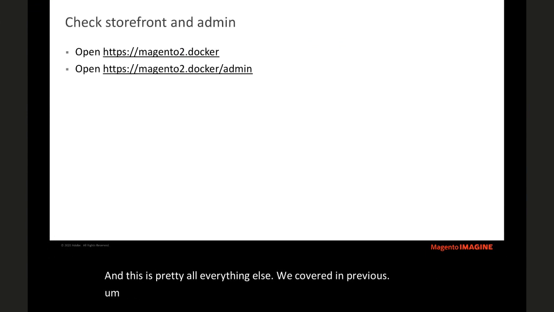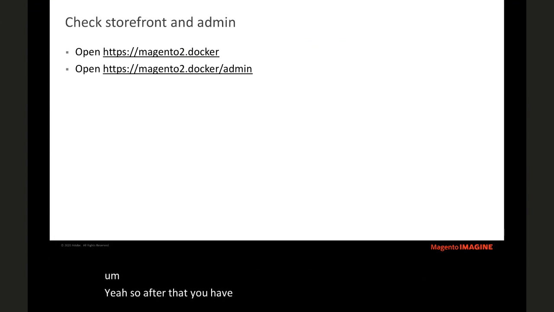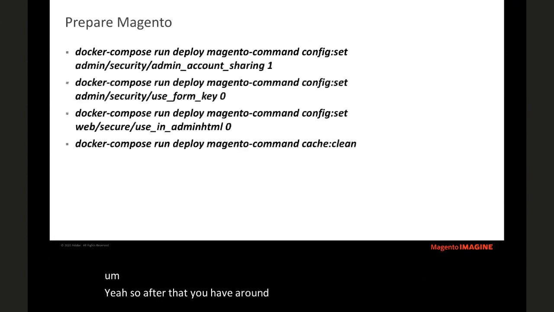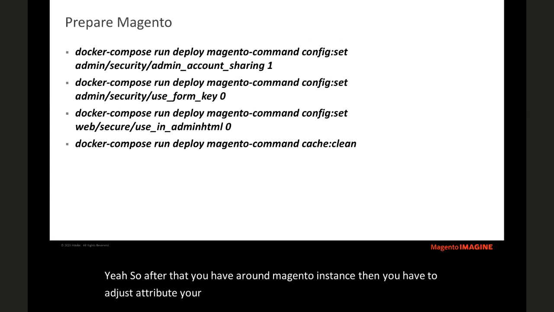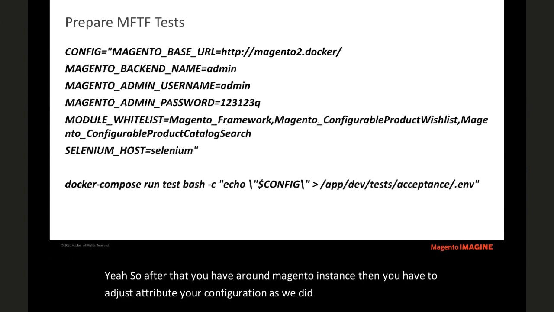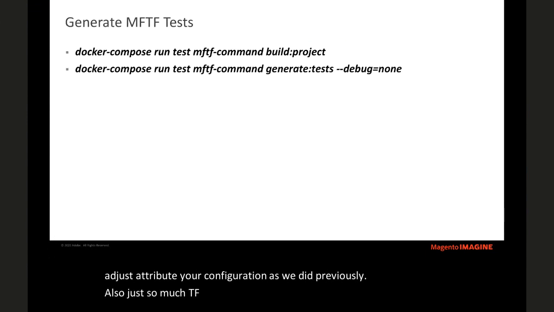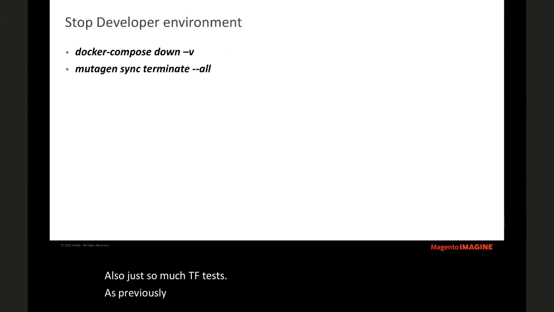After that you will have a running Magento instance. Then you will have to adjust your configuration a little bit as we did previously. Also adjust the MFTF tests, generate those tests as previously, and run them.